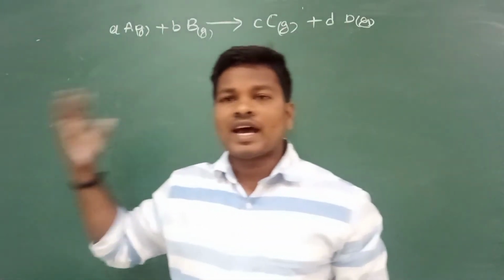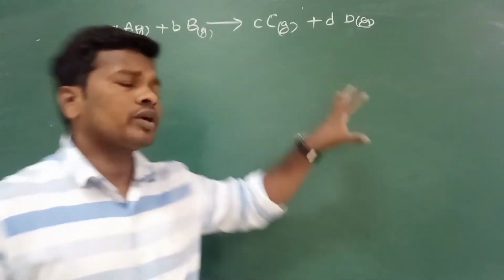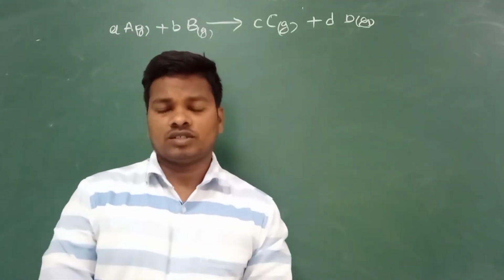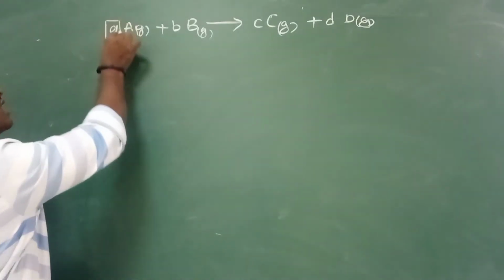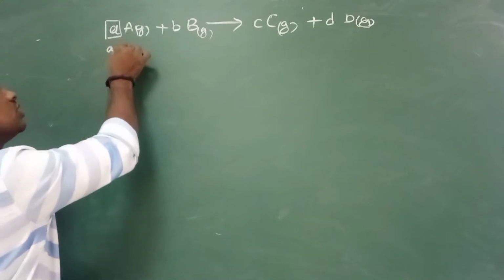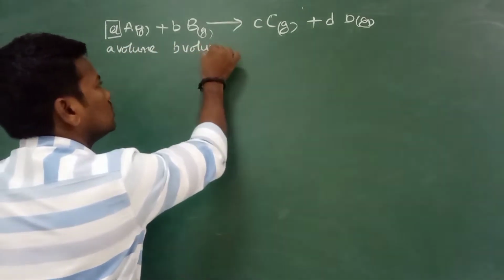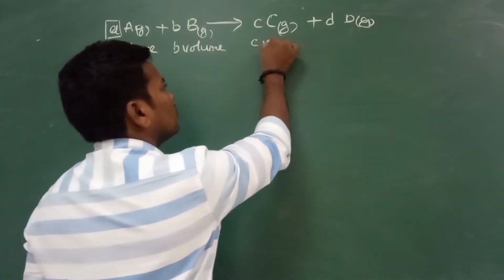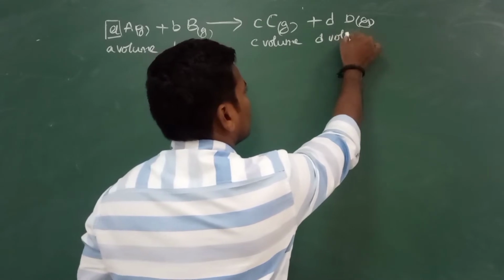Let us take one hypothetical question. Here all our reactants and products are gases, so consider the coefficients as volumes. That means this is a volume, this is b volume, this is c volume, and this is d volume.